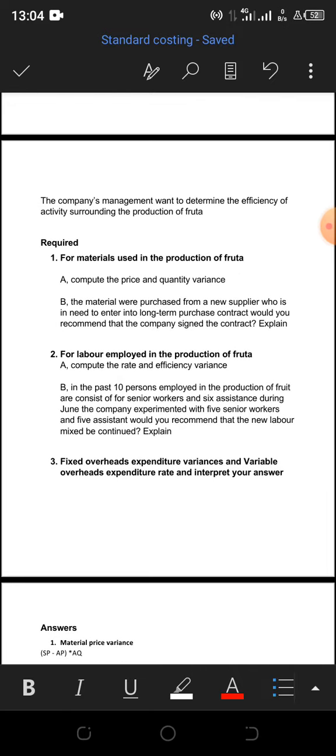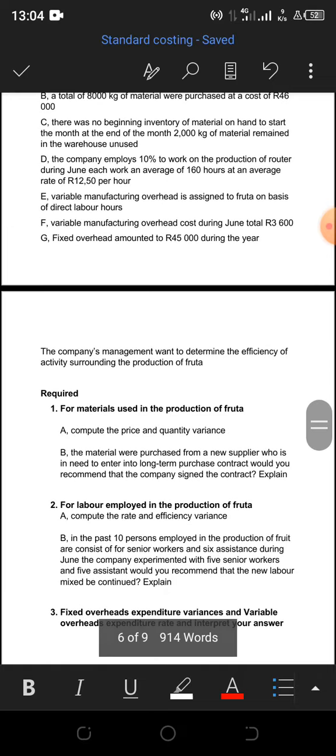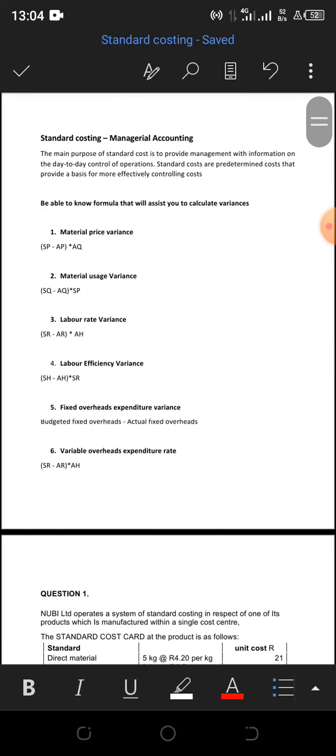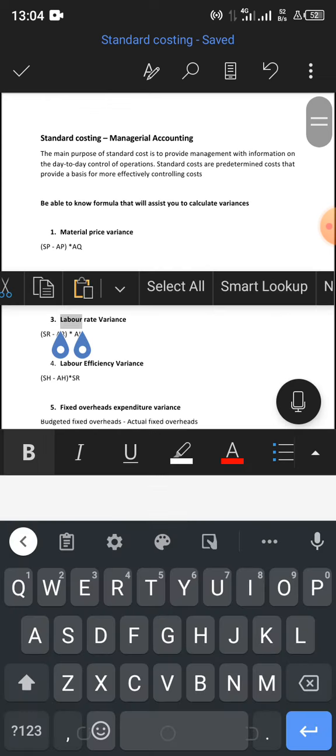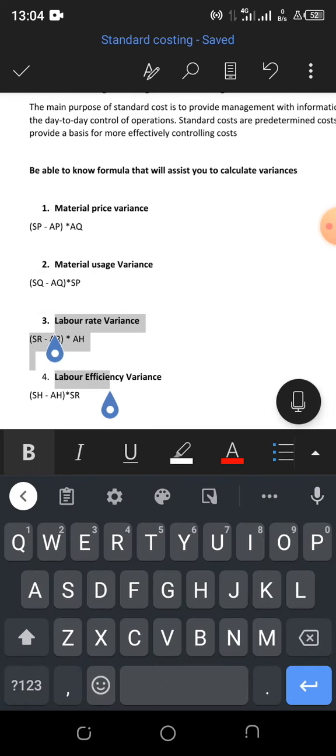Then on number two, they said for labor employed in the production of Fruta, compute the rate and efficiency variances. Okay, let's look for the formula for these two. Let me just copy them. For labor rate and efficiency variance.